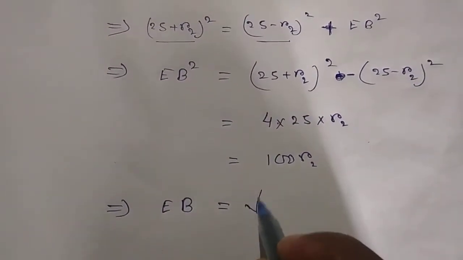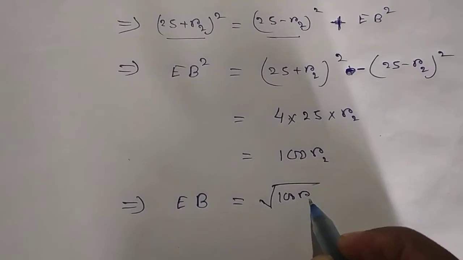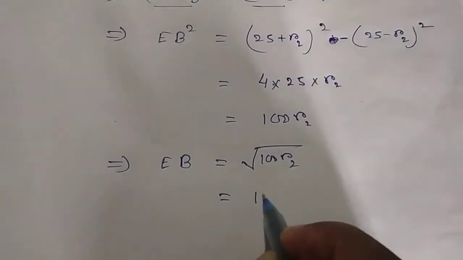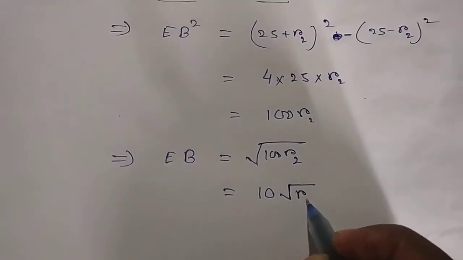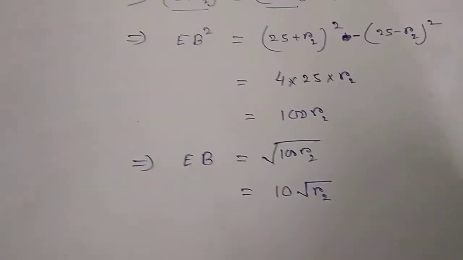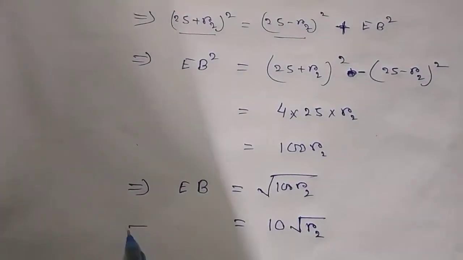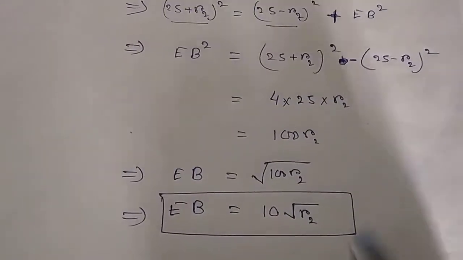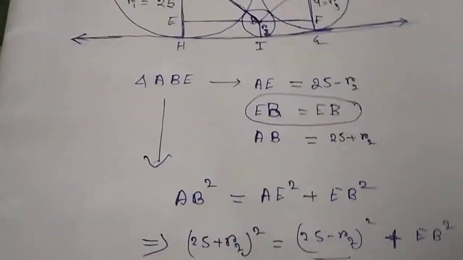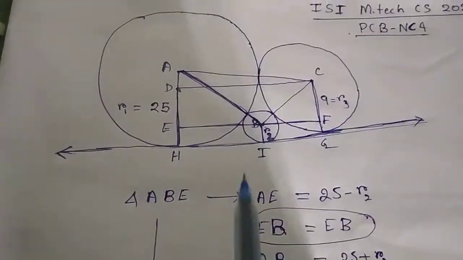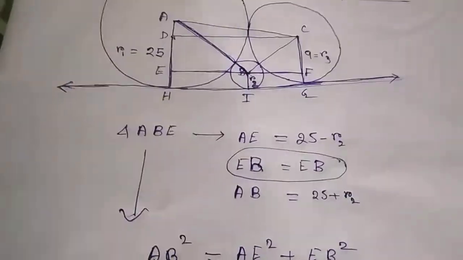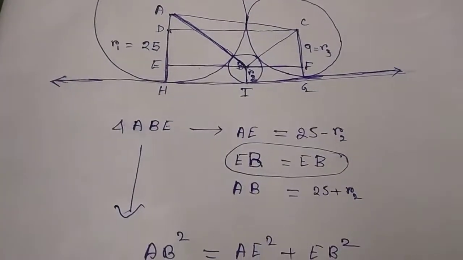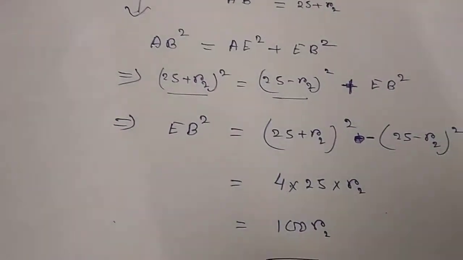EB equals root over 100 R2, which is nothing but 10 root R2. So we got EB from here, we easily got it. You can see now we have EB with respect to R2.